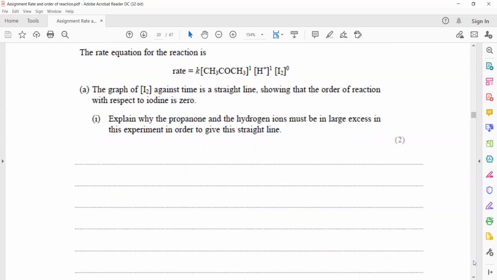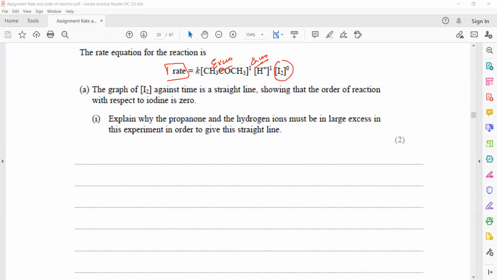Explain why propanol and hydrogen ion must be in large excess in this experiment in order to give a straight line. When we are finding the effect of the concentration of iodine on the rate, the propanol and the hydrogen ion concentrations should be in excess, more than enough.